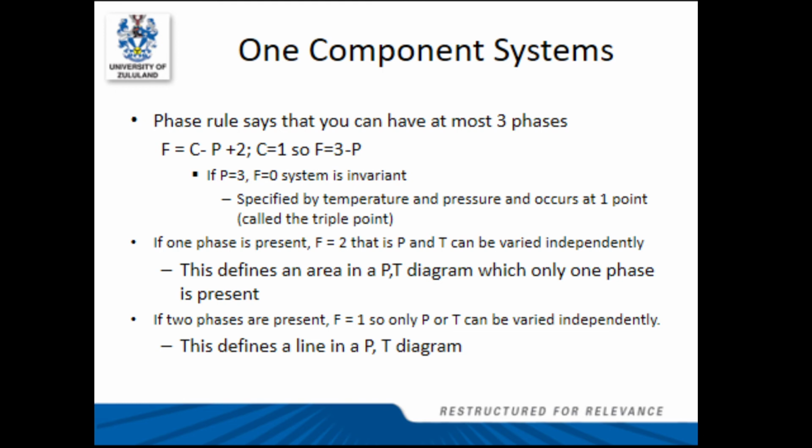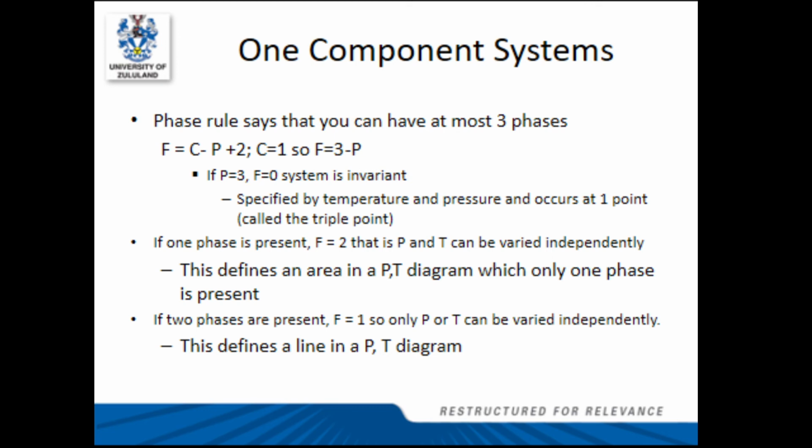Remember that F, which is the variance, is equal to C minus P plus 2. When C is equal to 1, it means that F will be equal to 3 minus P. Remember that for the phases, we said that we can have 1 phase, 2 phases, and we can also have 3 phases.